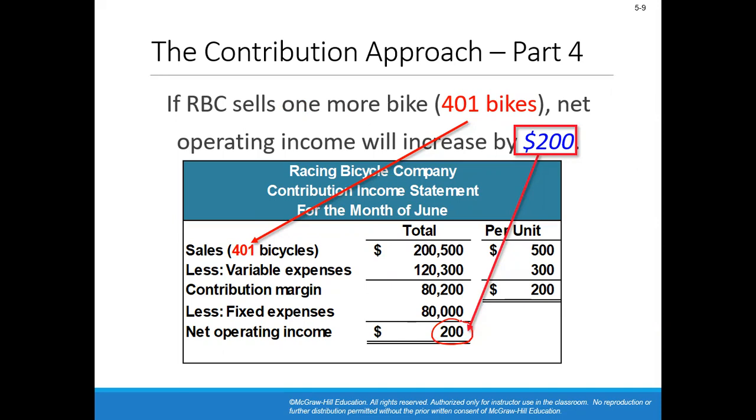It will give me 200 net operating income. Now, if we sell 2 more units over the break-even point, in that case, I will have net operating income of how much? 200 or 400?